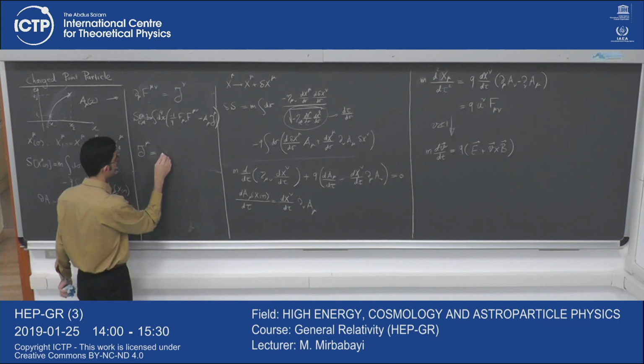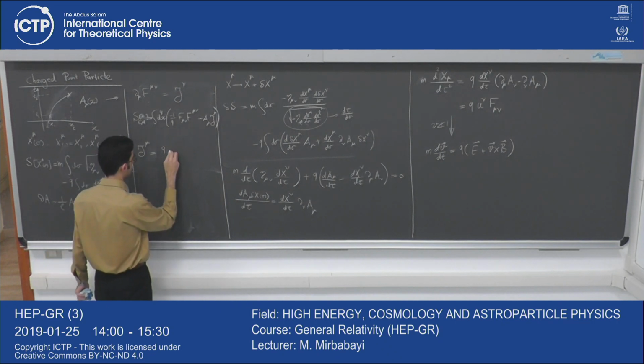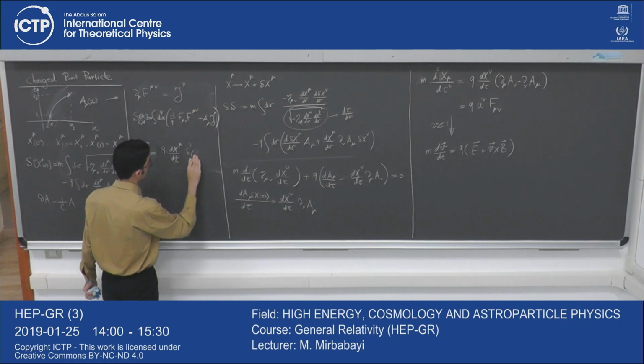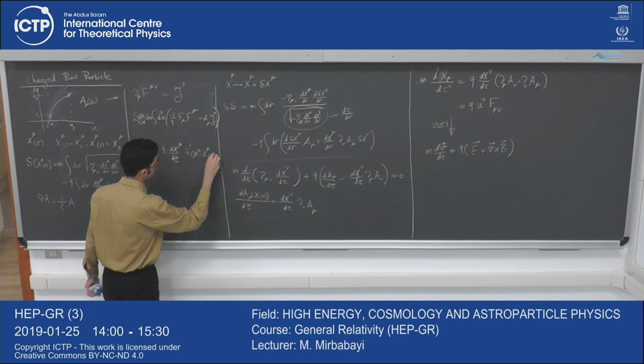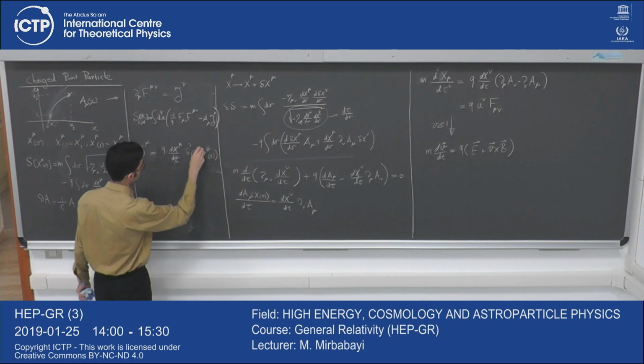You can see that the current is given by Q times dx mu dt, or dx0, let's call it t, times delta 3 of x minus X of t. Sorry, not x mu: x i minus X i of t.